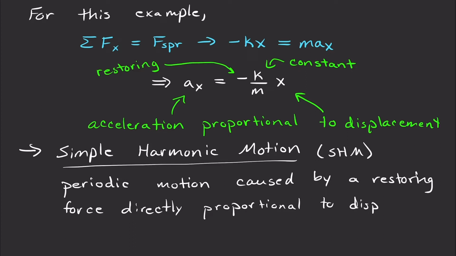So if you want to determine if periodic motion is simple harmonic motion, so a special case, then you should be able to express the acceleration as some constant times the displacement. Okay, so it's linearly proportional.